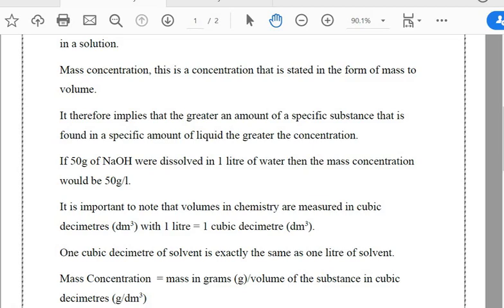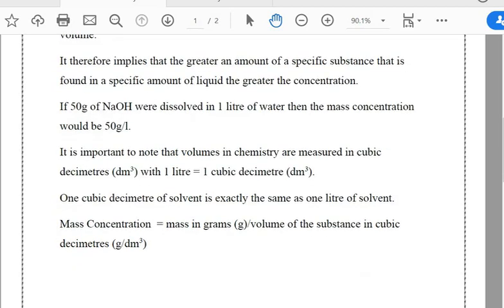Okay, so now if we have placed this mass, this solid, into the solvent: first, in chemistry, because it's a science, we are going to measure the mass of whatever solute we are going to put into our solvent.